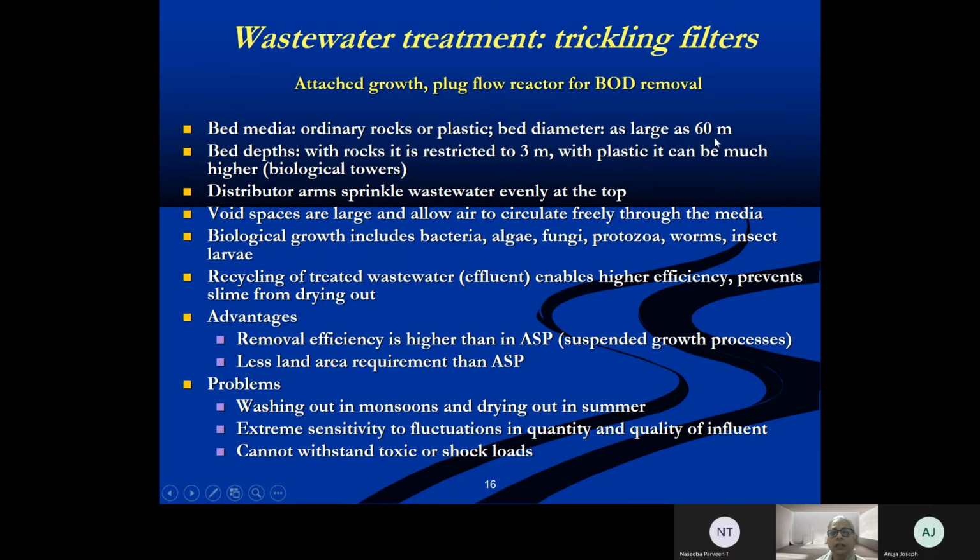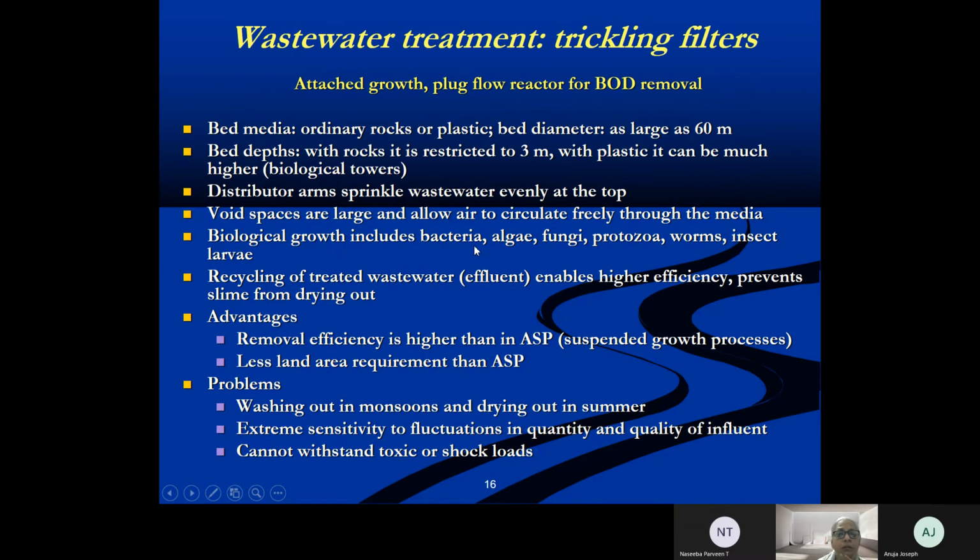Now the bed diameter can be as large as 60 meters, or it can be very tall in what are called biotowers. Bed depth with rocks is restricted to 3 meters. With plastic, it can be much higher. It can go as high as 30 meters.